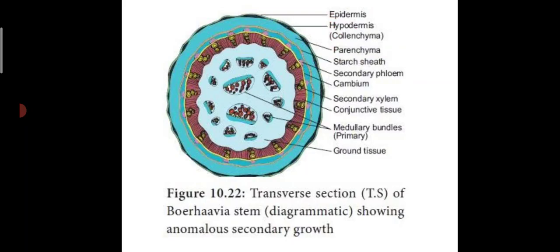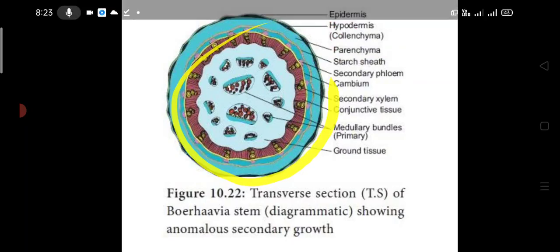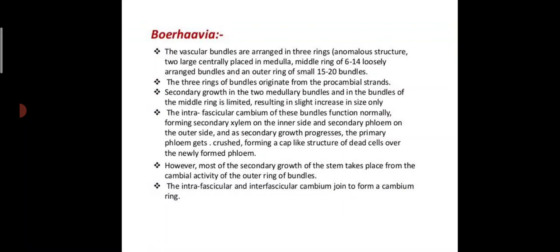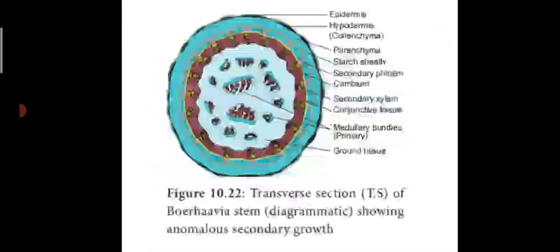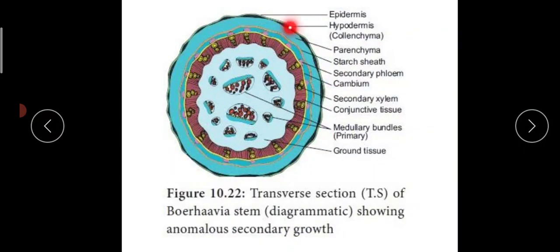So in case of Boerhaavia, this is a cross section of the Boerhaavia stem. It has an epidermis followed by a collenchymatous hypodermis, and then a parenchymatous cortex and a chlorenchymatous cortex. Then the endodermis is not so prominent, and the pericycle is there which limits the stelar region.